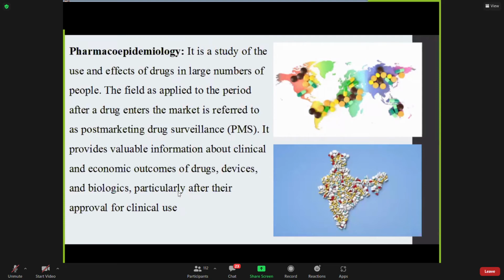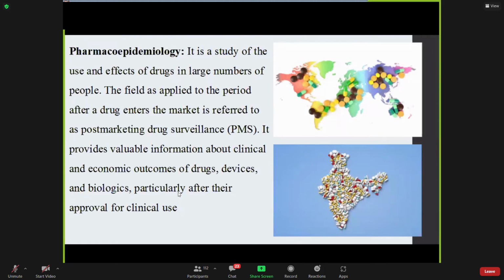Phase 1, 2, 3, you will learn in subsequent theory classes. The last phase of this drug trial is post-marketing drug surveillance. During this phase, the long-term effects of drugs are measured, and it may be a beneficial effect or some harmful or adverse effects of the drug are specifically observed at this phase.